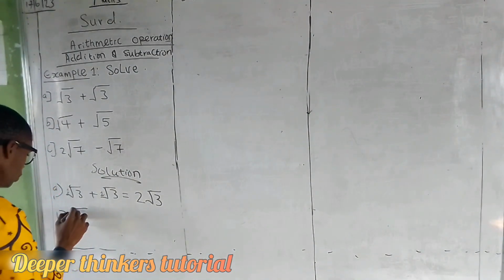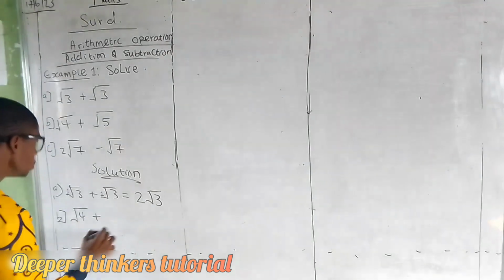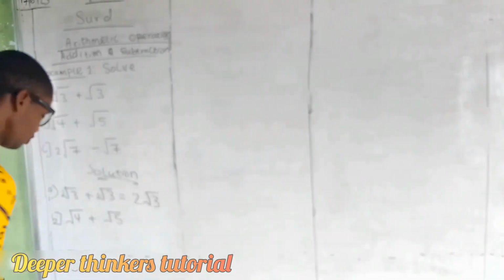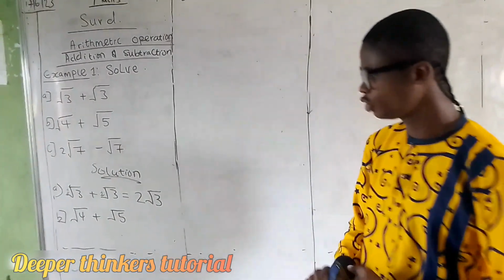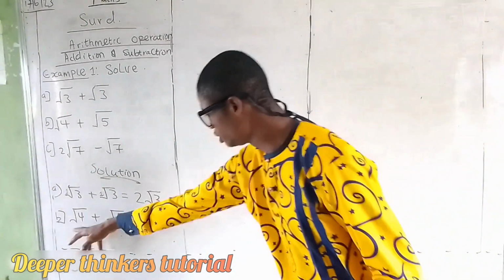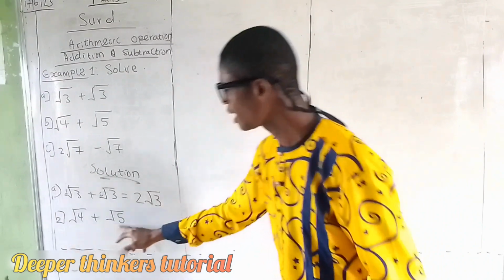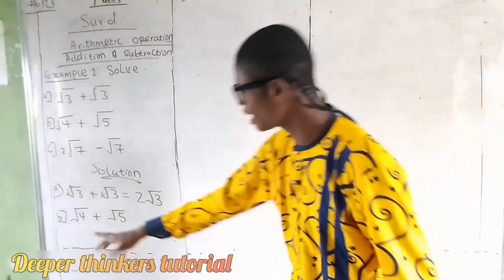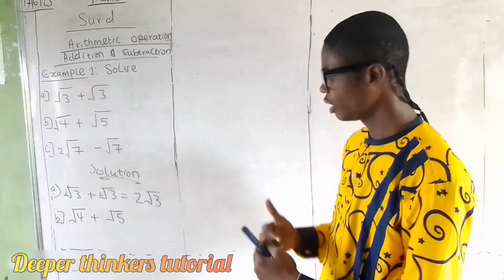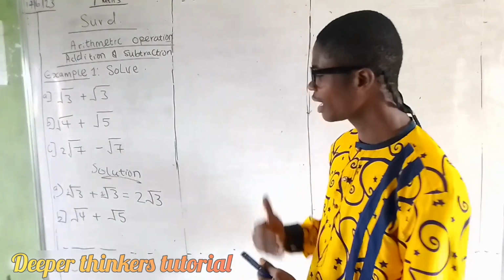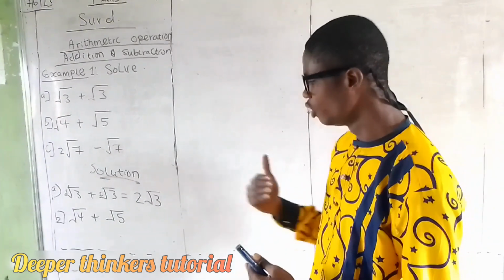Then we have b now. We have root 4 plus root 5. Considering what I said you should consider, you discover that these two are not the same. So what you look at again is, can I break any one down? That means, can I express any one further into a lower form?